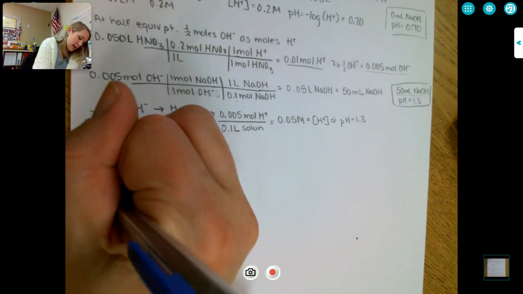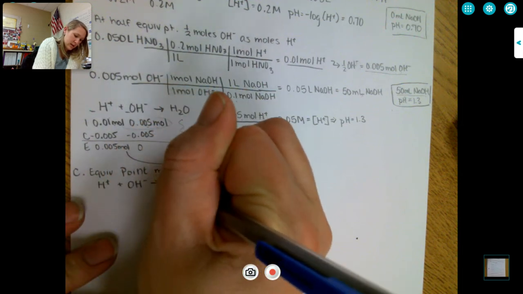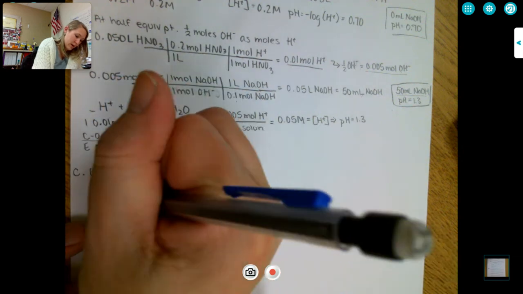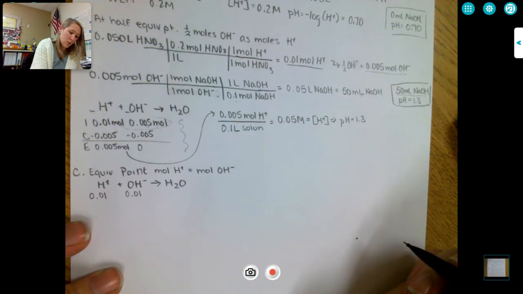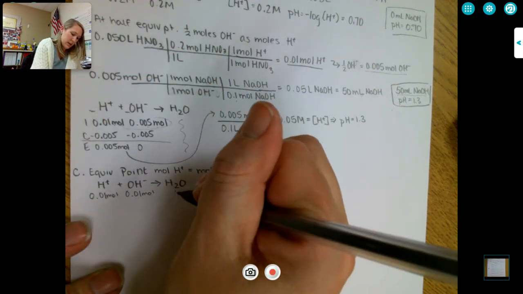So if we have hydrogen ions reacting with hydroxide ions to make water, and we said we're going to have equal amounts, so 0.01 moles of hydrogen ions, 0.01 moles of hydroxide ions, and then I've got water.